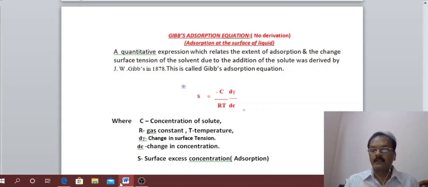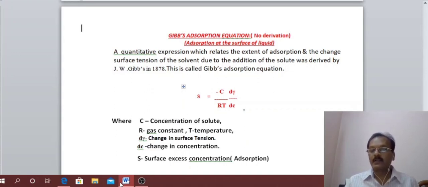As you know, in the previous class we discussed the effect of dissolved substances on the surface tension of a liquid or a solvent. Based on that, we have three types of solutions: type 1, type 2, type 3.